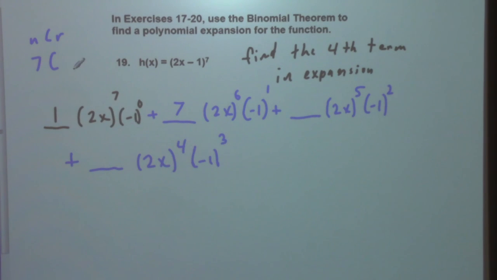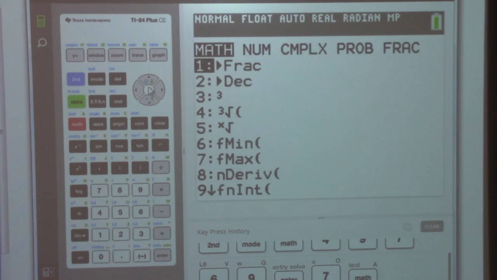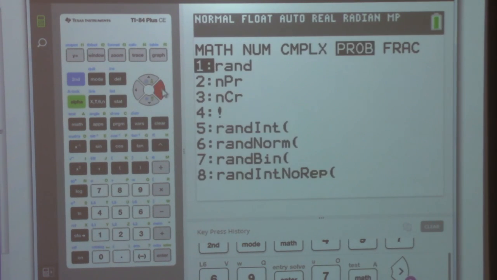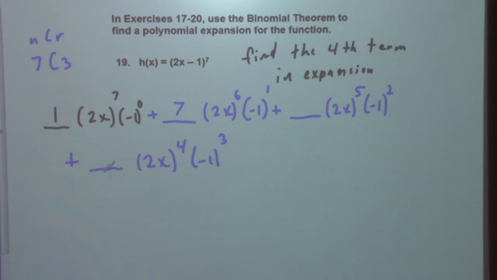It'll be 3, because we always use whatever the y is. So we go to 7, choose 3 in our calculator: math, then probability, then NCR, put in 3, and press enter. We get 35. So 35 is what goes here.